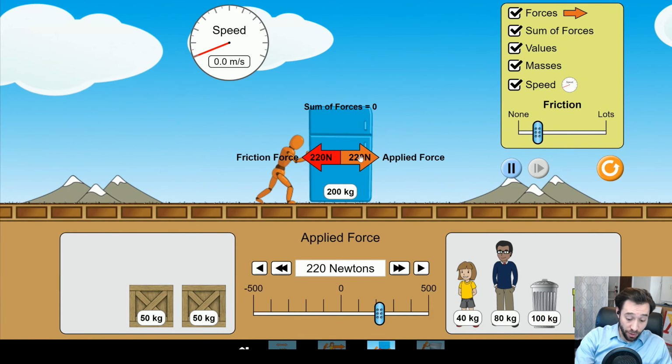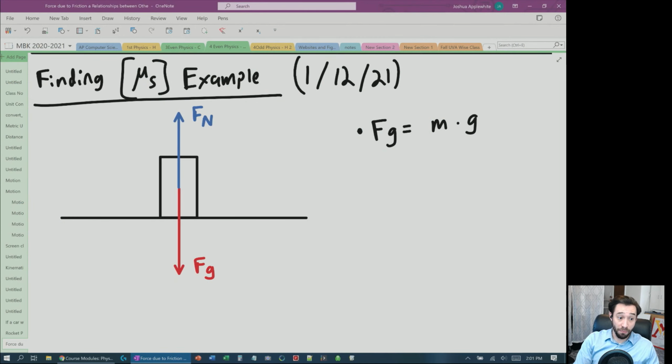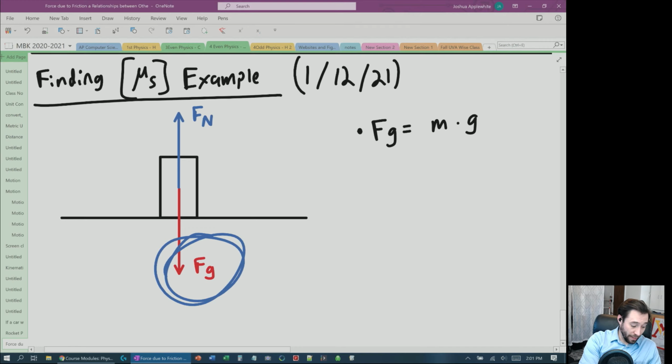So if I know the force due to gravity must be present, and I know the refrigerator isn't somehow sinking into the ground like this as time goes on, then I know there must be an equal but opposite force keeping it from doing that.